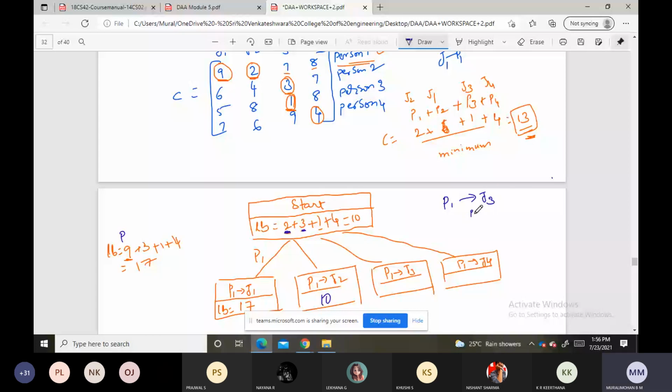Plus for person 2 the minimum is 3, for person 3 the minimum is 1, for person 4 the minimum is 4. How much are you getting? 15, sir.